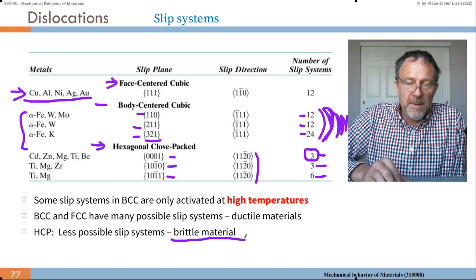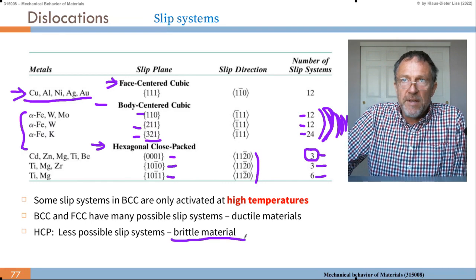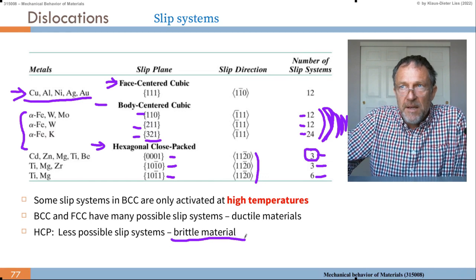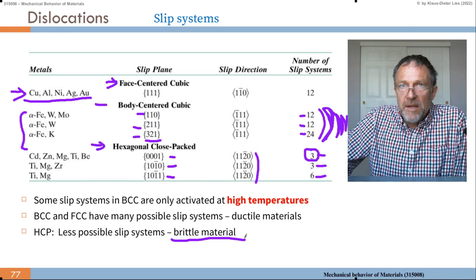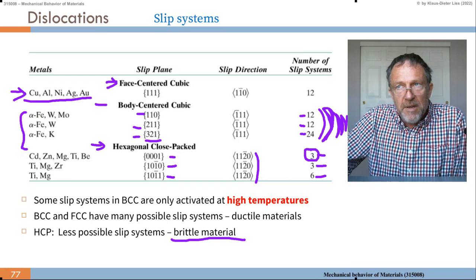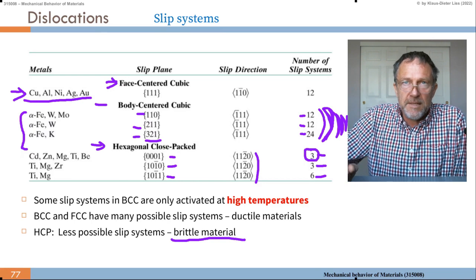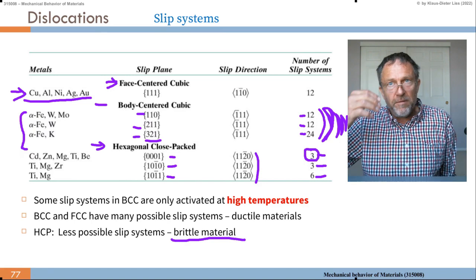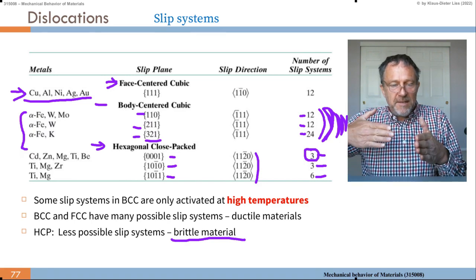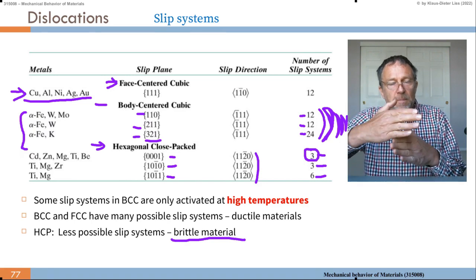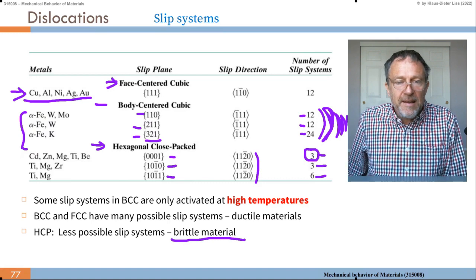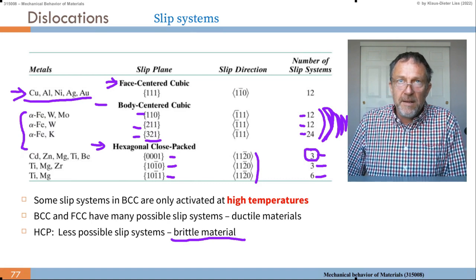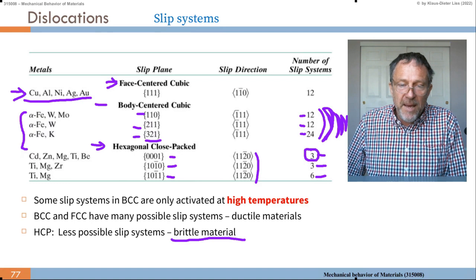The material becomes brittle because I do not have enough slip systems to accommodate plastic deformation continuously at grain boundaries, let's say. If one slip system hits the grain boundary, it cannot propagate or activate another system in the neighbor grain, and then it opens a gap and breaks.